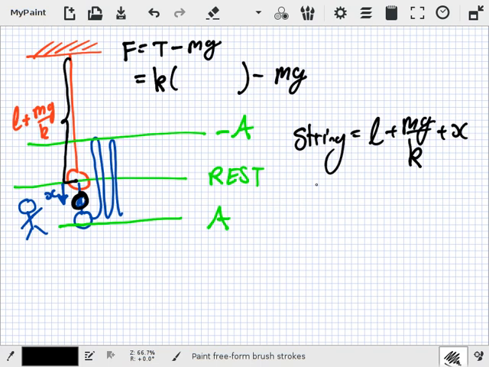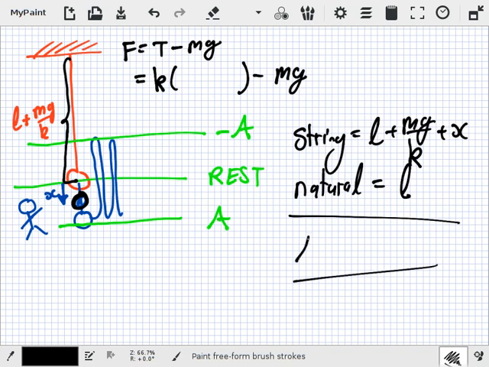What's the natural length, did we say? Well, we said that's L. So therefore, what is the extension? If you compare these two, it's mg over K plus x. That's how much it's been extended beyond its natural length.